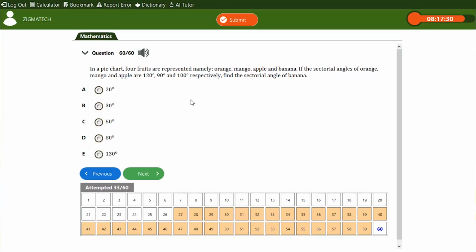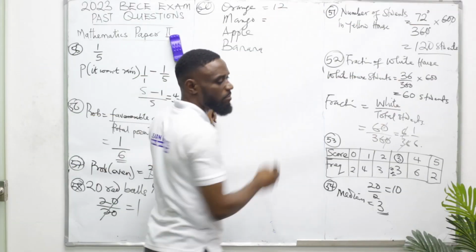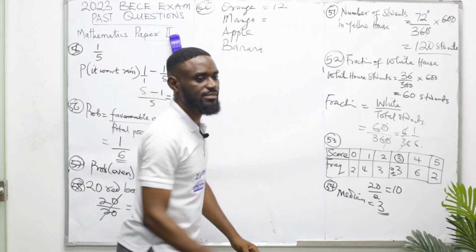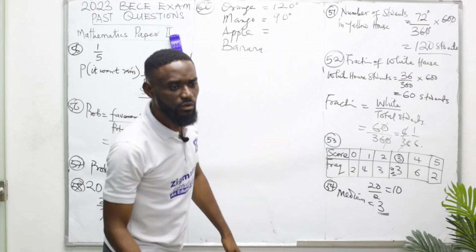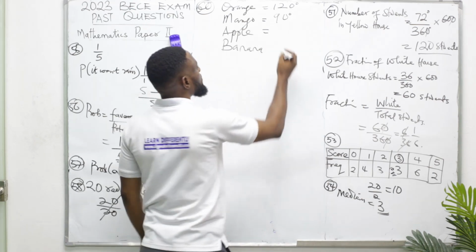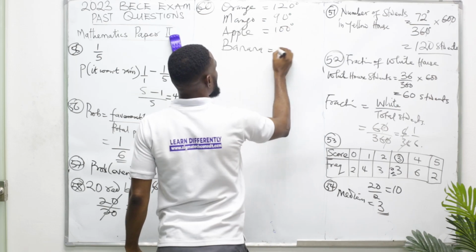Now they said if the sectorial angles of orange, mango, and apple are 120, 90, 100 respectively, find the sectorial angle of banana. For orange they gave us 120. For mango they gave us 90. For apple they gave us 100. For banana, they didn't give us.